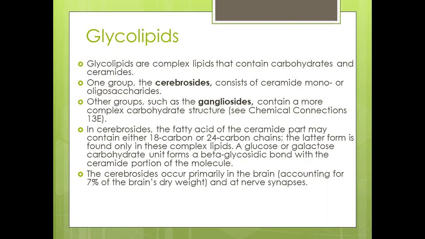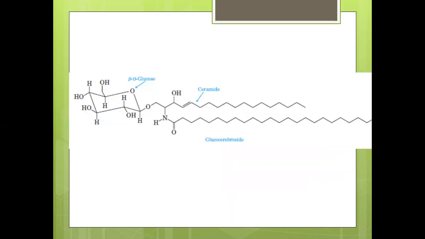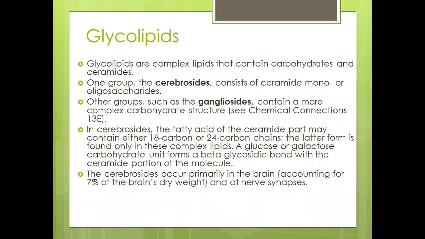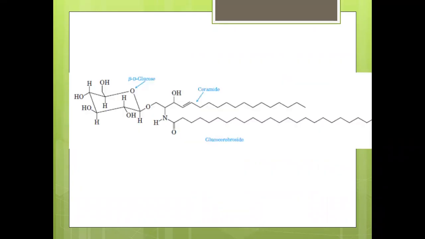One group, the cerebrosides, consists of ceramide with mono- or oligosaccharides. In other groups, you have the gangliosides, which contain more complex carbohydrate structures. So in cerebrosides, this is your ceramide. Remember, the carbon with the OH.